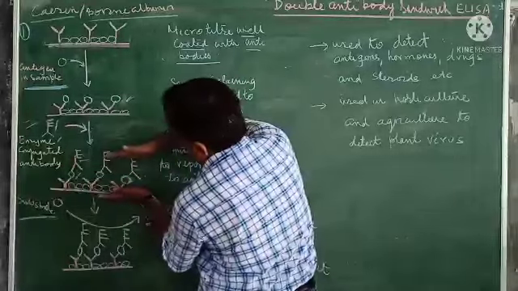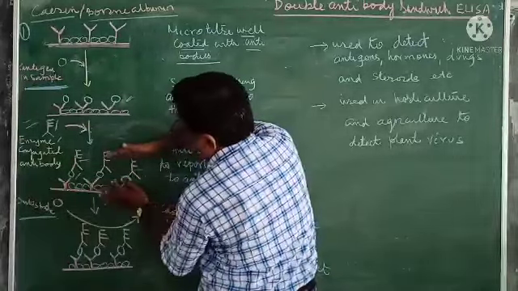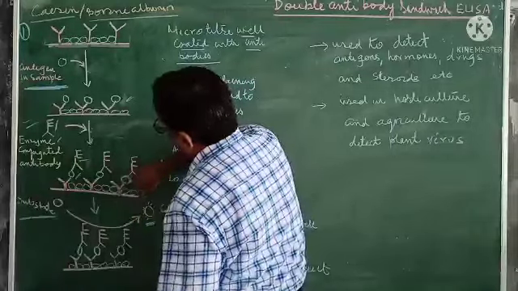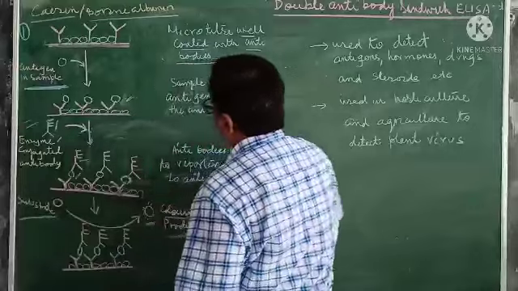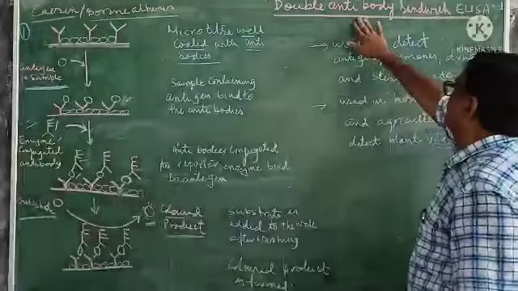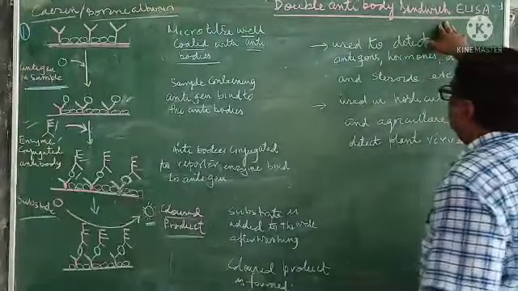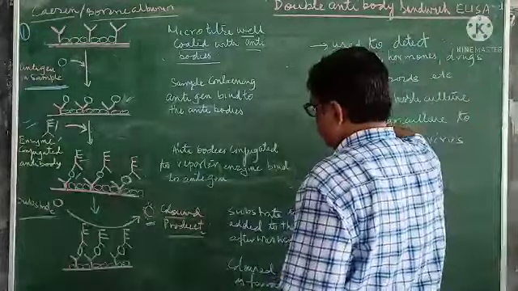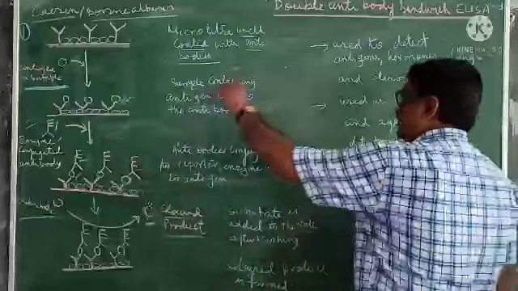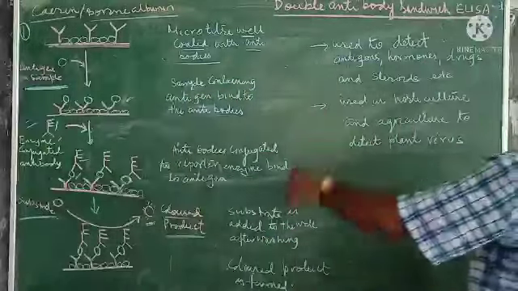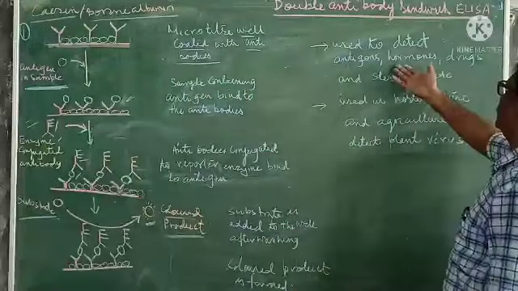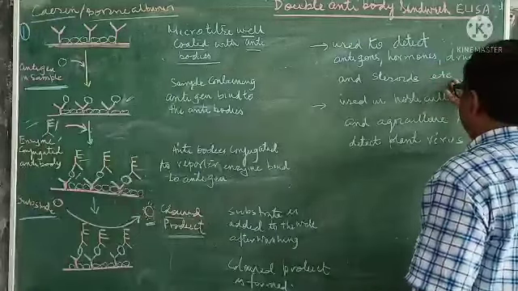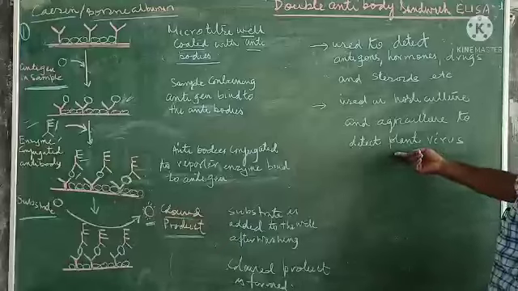This whole structure forms a sandwich, where the antigen is sandwiched by two layers of antibodies. That is why it is known as double antibody sandwich ELISA or DAS. This is the process, and it is used for detection of antigens, hormones, drugs or steroids, etc., also in the plant virus.